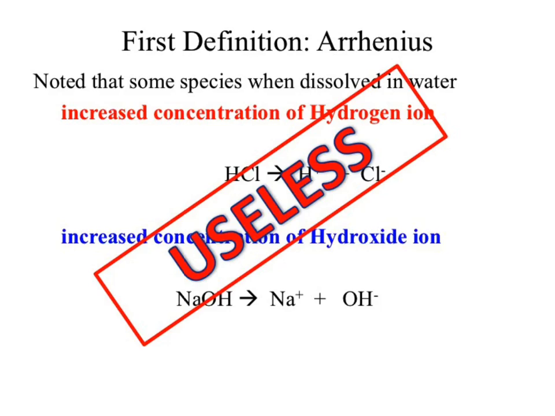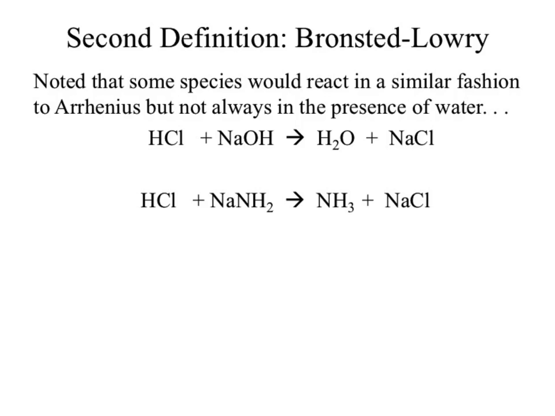definitions. The Bronsted-Lowry focused in just on the hydrogen. The acid was a proton donor, so we kept that from the Arrhenius. But what did the base do? What happened to the structure that looks most like NaOH? It became H2O. What did it do? It accepts a hydrogen.